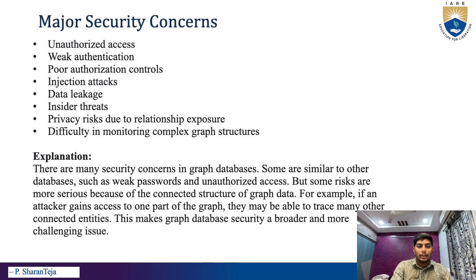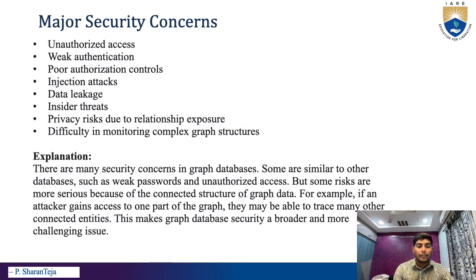Next one is major security concerns. Let us look at some major threats like unauthorized access and weak authentication, injection attacks, data leakage, insider threats, privacy risks due to relationships, and monitoring complexity, difficulty in monitoring all this.